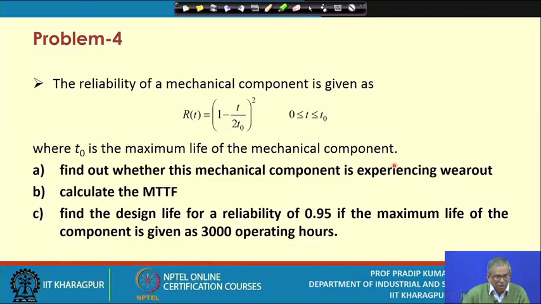It's clear? Find out whether this mechanical component is experiencing wear out. That is very important. That means now we are referring to the third phase. So what is the third phase? The third phase is the wear out phase. Now what you need to conclude is whether the component is in the wear out phase or not. Why do you say you are in the wear out phase?